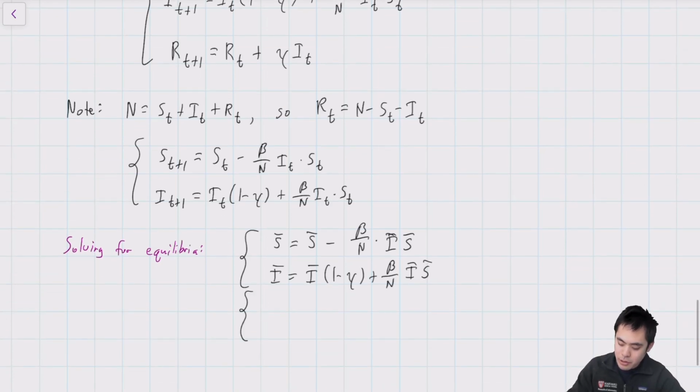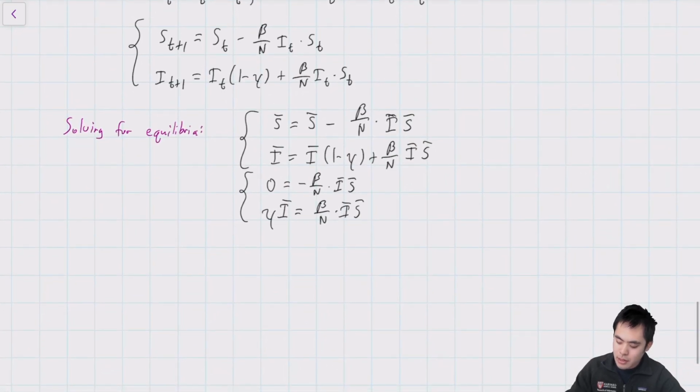Well, when we put all these things together, what we get is that 0 is equal to minus beta over n times I bar times S bar, and gamma I bar is equal to beta over n times I bar S bar. And the conclusion from all this is that I bar is equal to 0, and there are no constraints on S bar, and R bar is equal to n minus S bar.